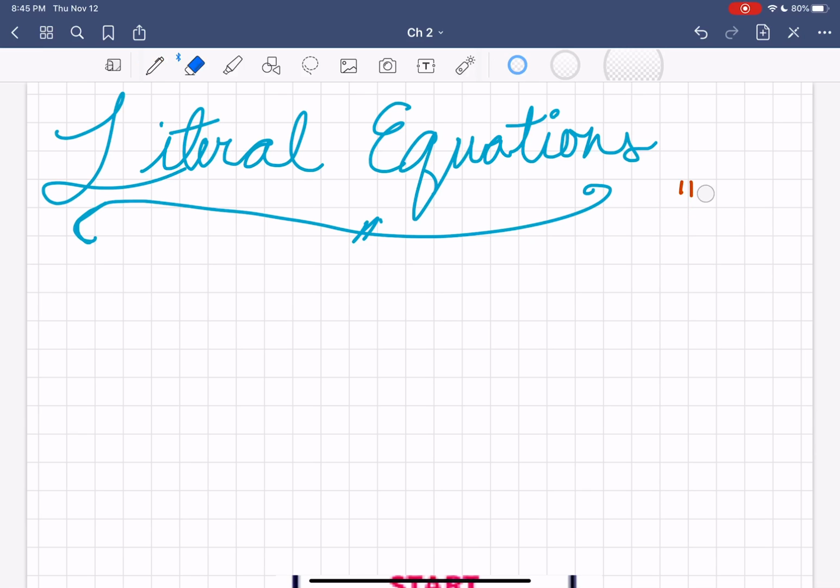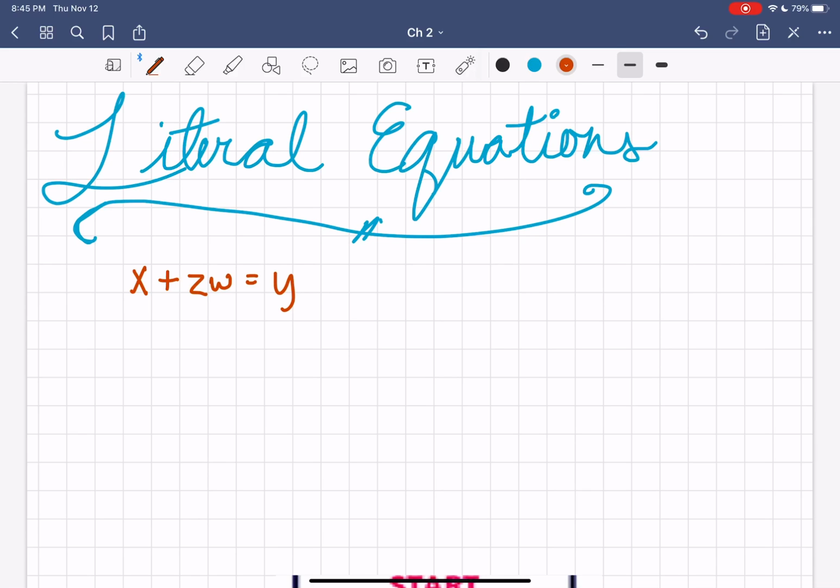Anyway, literal equations. This is something that I think is really cool. Basically, we can have equations with all variables, and we can move variables using the same rules that we use when we're solving regular equations.